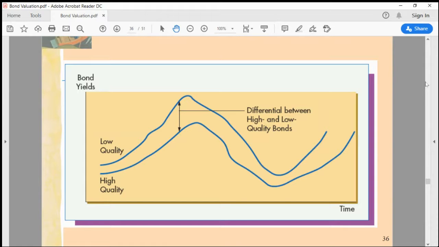We already know what yield curve is. We discussed it in the first topic, right? But the yield between high quality bonds and low quality bonds, the differential between them, yields are relatively steady, right?